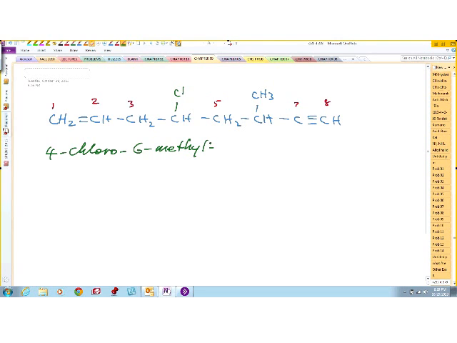Then you have to indicate the position of the carbon-carbon double bond. 1-octen-7-yne. Okay, supposing we have this.